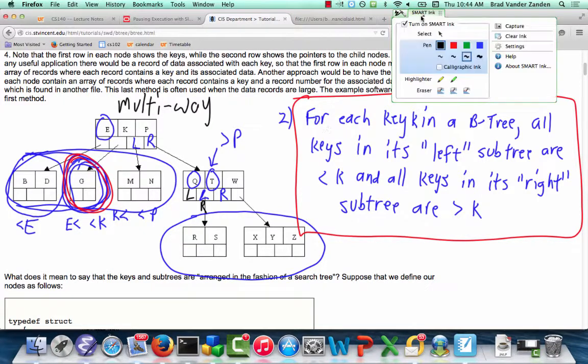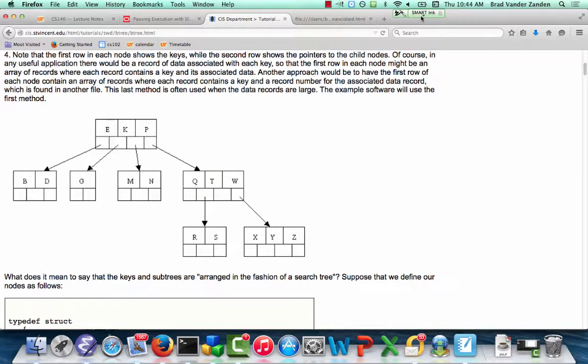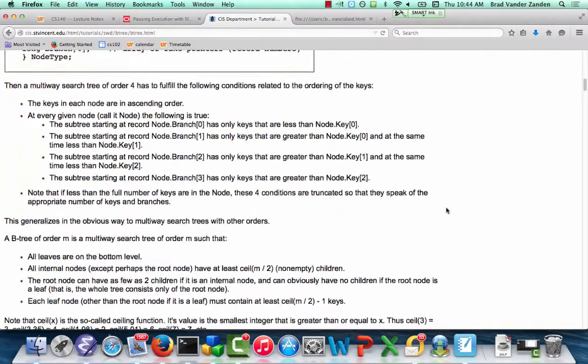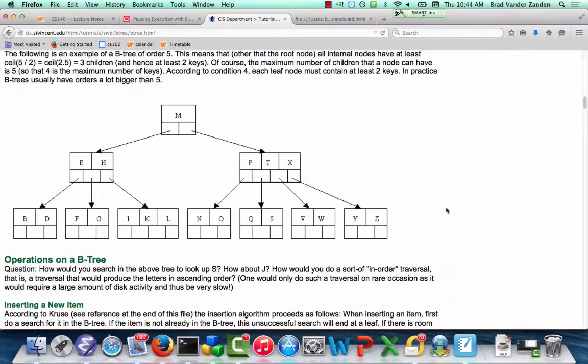Let's go down and show you an actual B tree. So here's an actual B tree. Every single interior node has, for each key, its own, quote, left and right trees that you can refer to.